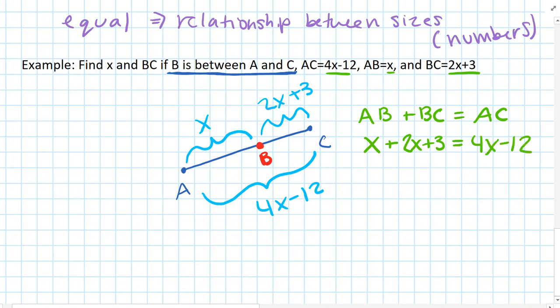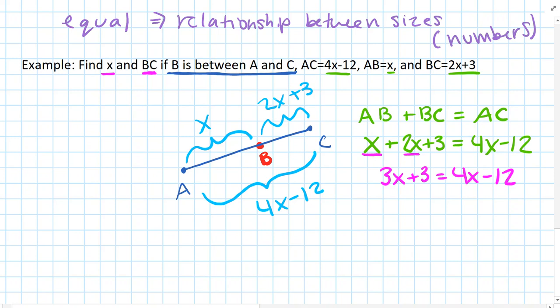And now that we have just one equation with only x's and numbers, we can solve this equation for x. And then once we have x, we can go back and find our BC. But we've got to find x first. So I'm going to combine like terms, and I get 3x plus 3 is equal to 4x minus 12.